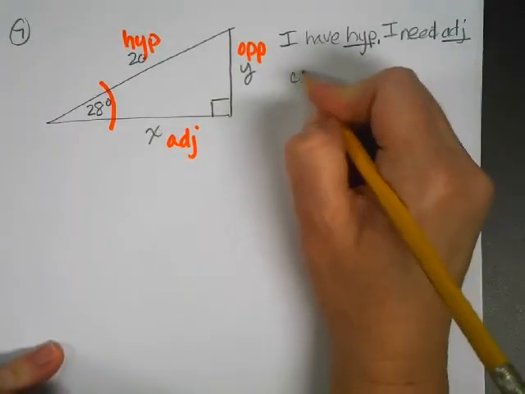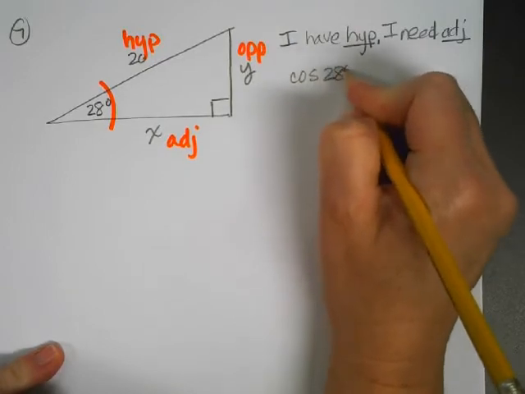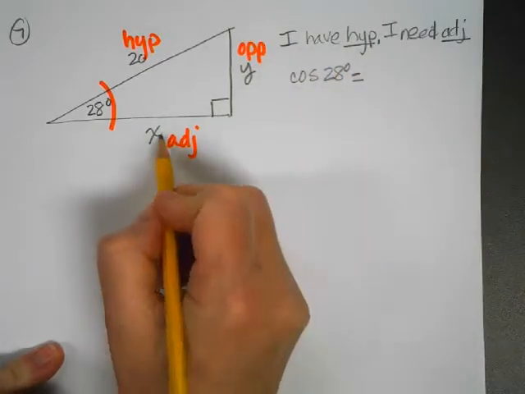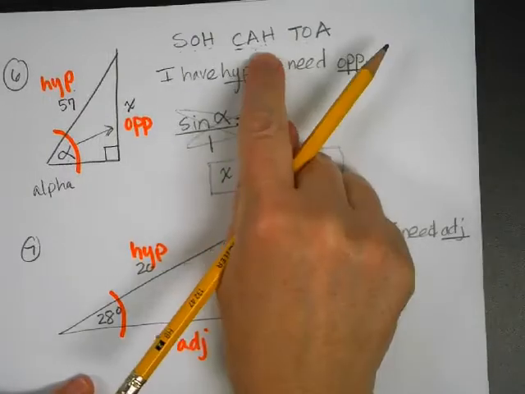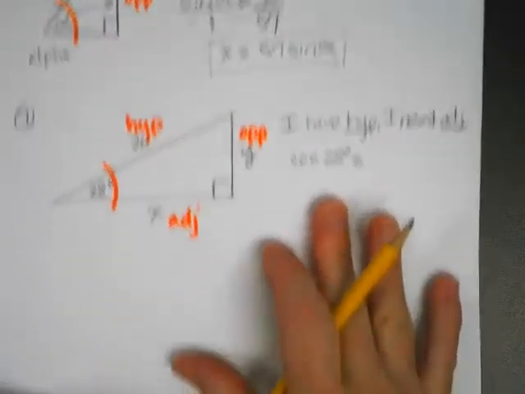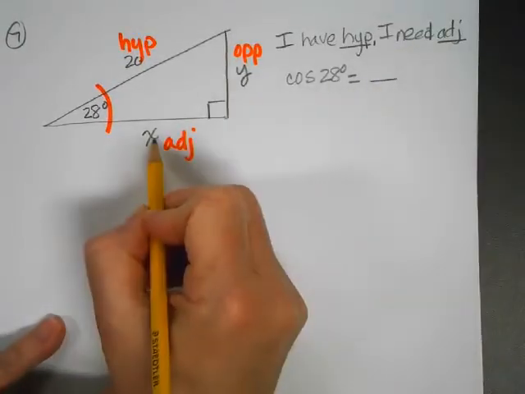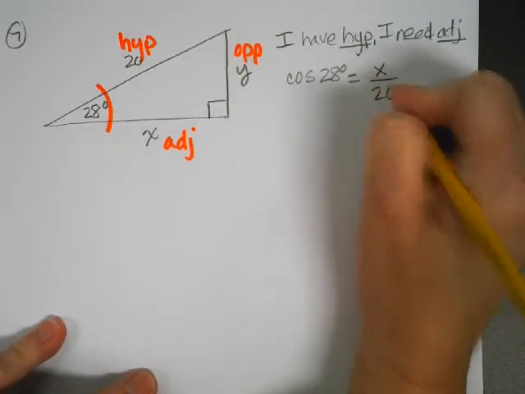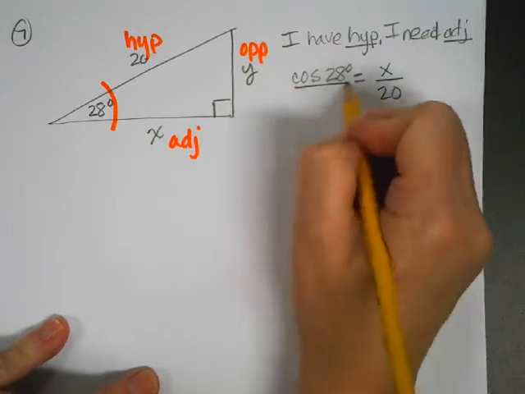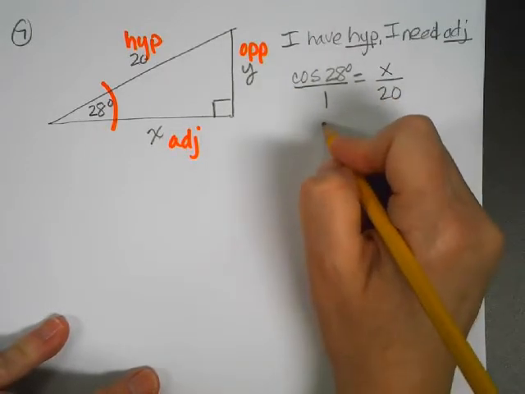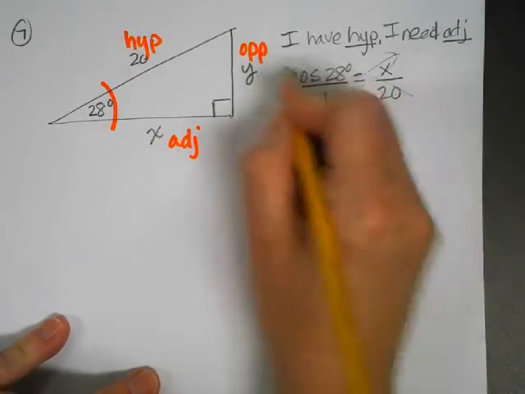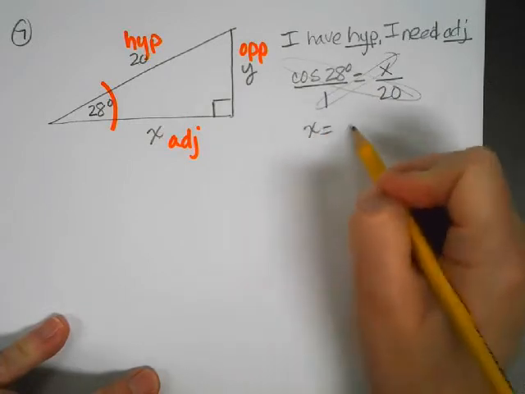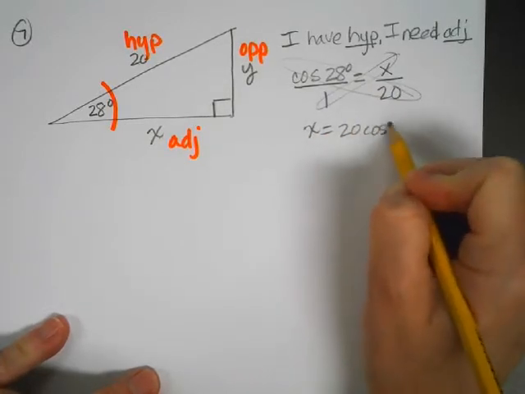So cosine 28 degrees equals, cosine is always the adjacent over the hypotenuse. Hypotenuse is going to be on the bottom. So x is my adjacent, 20 is my hypotenuse. So we get x over 20. Now here we do have to solve for x, so I'm going to cross multiply. I get x equals 20 times cosine 28 degrees.